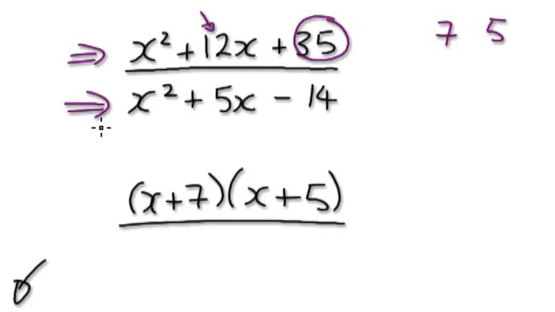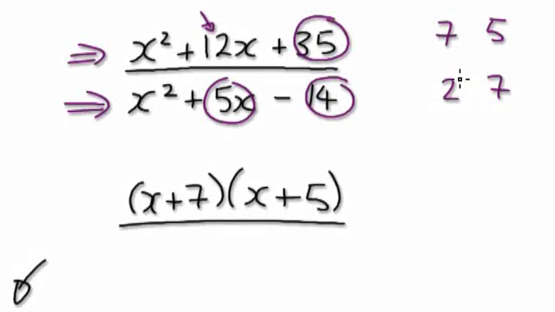Now factorize the bottom one. Two numbers multiplied together must give you minus 14, but when added together give you 5. So maybe a 2 and a 7. You can create the 14 when you multiply them together, but you can also create the 5 from the 2 and the 7.